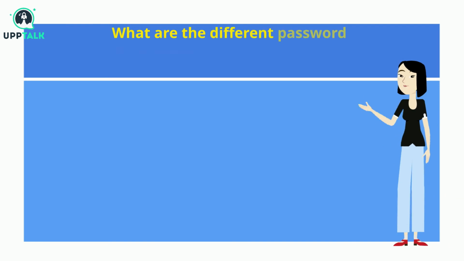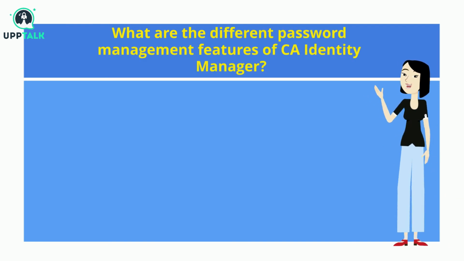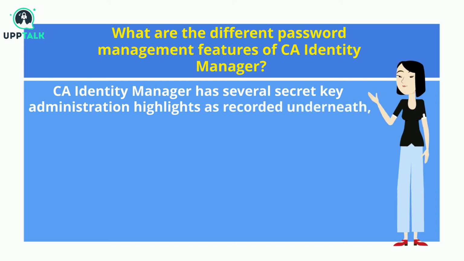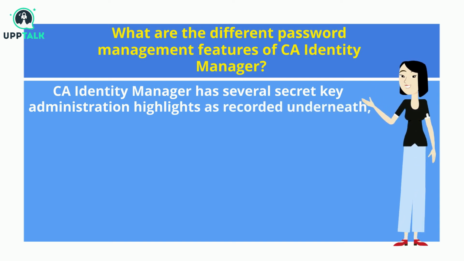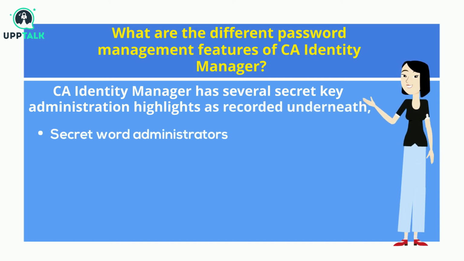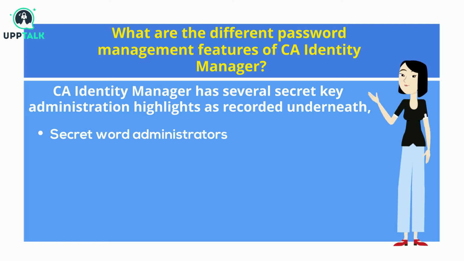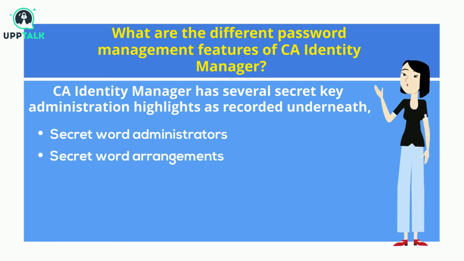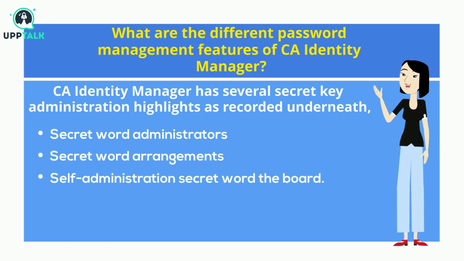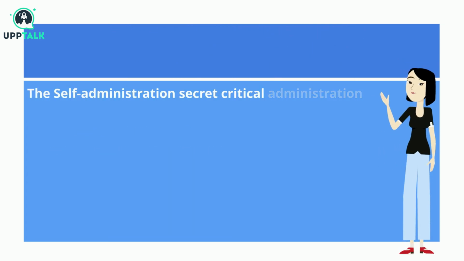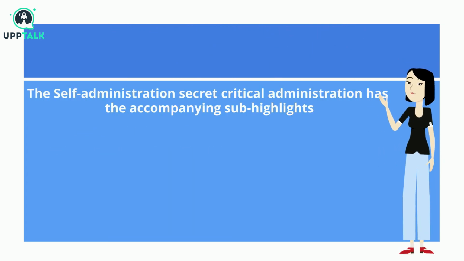What are the different password management features of CA Identity Manager? CA Identity Manager has several password management features as listed below. Password administrators. Password policies. Self-service password management. The self-service password management has the following sub-features.